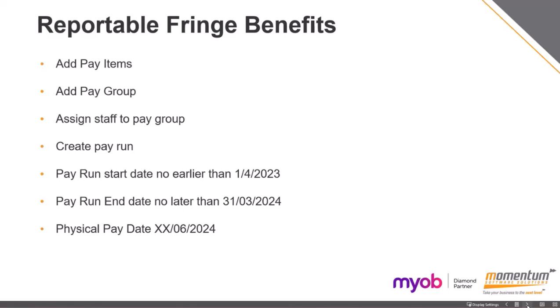Assign all your staff that need to be in the fringe benefit pay group. Create a pay run. Make sure that you are selecting the dates correctly. The pay run start date should not be earlier than 1st of April 2023, and the pay run end date should not be later than 31st of March 2024. You can have the physical pay date in June, but it needs to be before 30th of June 2024 to be included in the 2023-24 financial year.